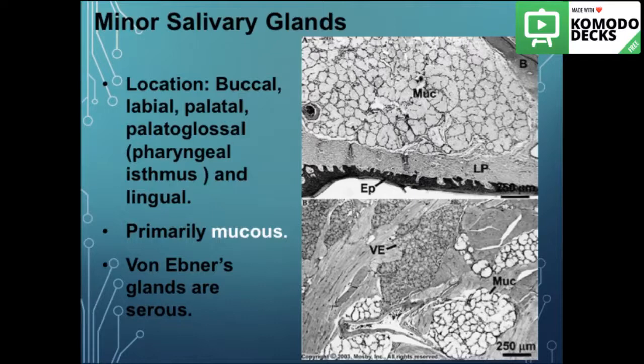These minor salivary glands are primarily mucus, except for the von Ebner's glands, which are serous glands. Remember the von Ebner's glands empty their secretions in the trenches around the circumvallate papillae, which is on the tongue.